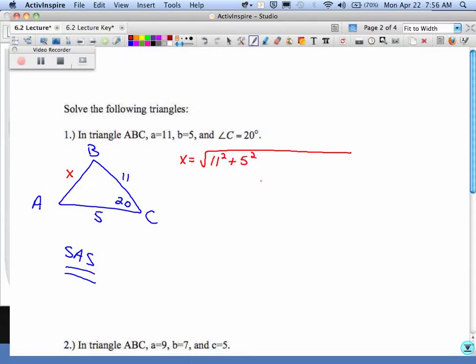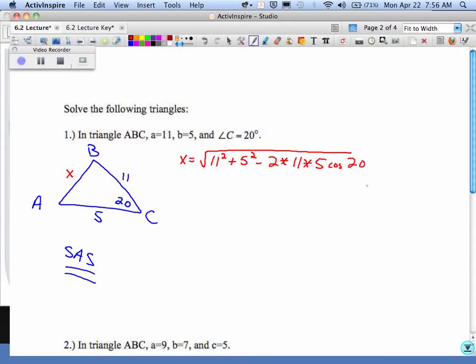Could it be 5 squared plus 11 squared? Right? So order will not matter when you're adding them up. Minus 2 times 11 times 5. And again, whether you write down 11 times 5 or 5 times 11 won't matter. Cosine of the included angle or the partner angle 20.